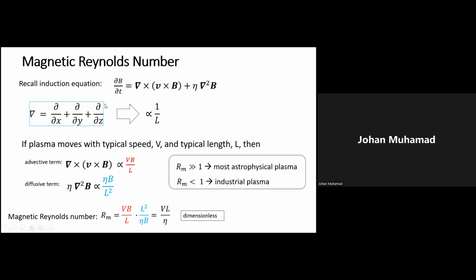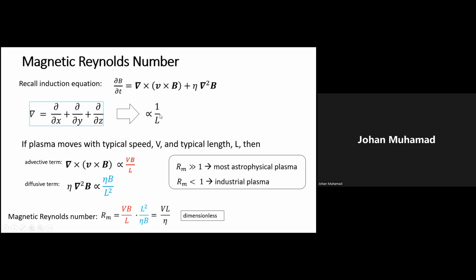So if we try to see the general value of anything, or a dimensionless quantity, we just need to use an approximation like this. If a plasma moves with typical speed v and typical length l, then the advective term, the first term here, curl v cross b, will be proportional to vB over l, because this nabla actually is just 1 over the scaling.